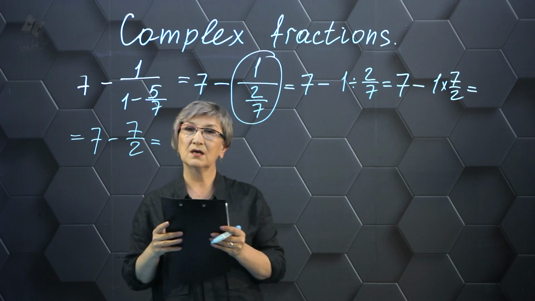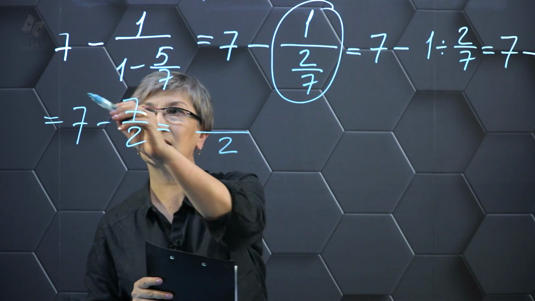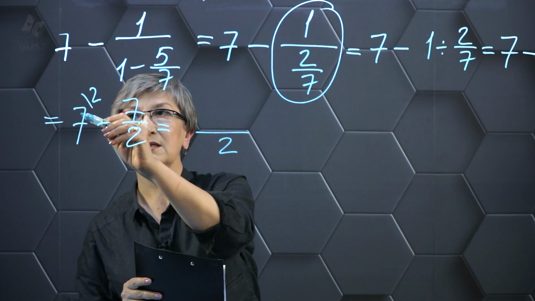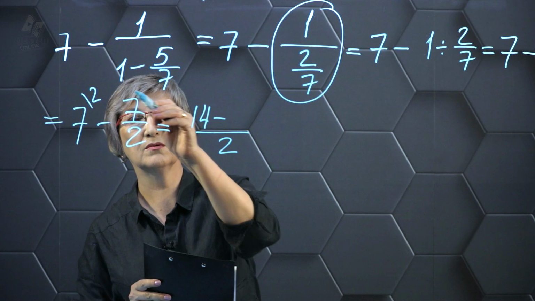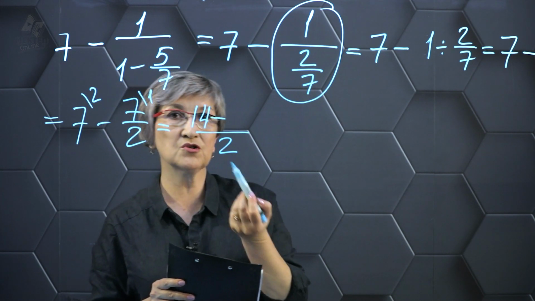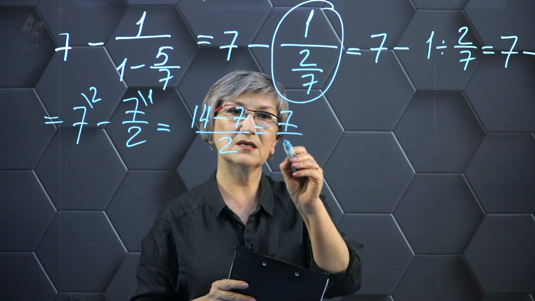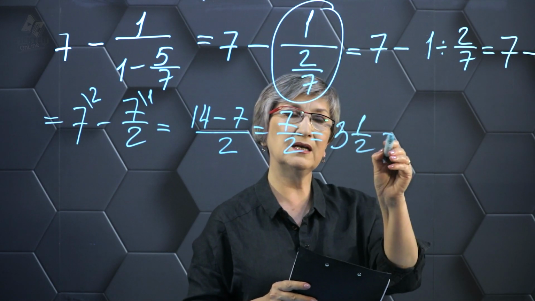I can write down the common denominator, which is 2, and then write an additional multiplier of 2. 7 times 2 is 14 minus 7, where the second summand has an additional factor of 1. Then it's 14 minus 7. The result is 7 halves, or 3 whole 1/2, or 3.50.